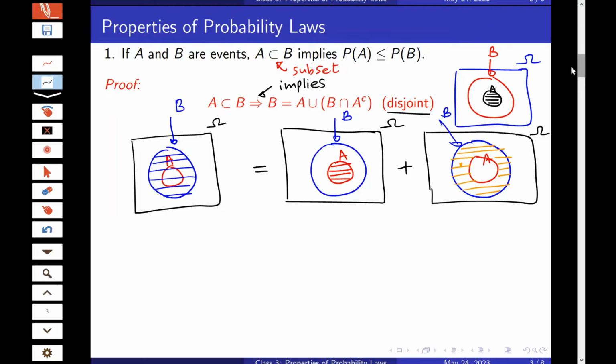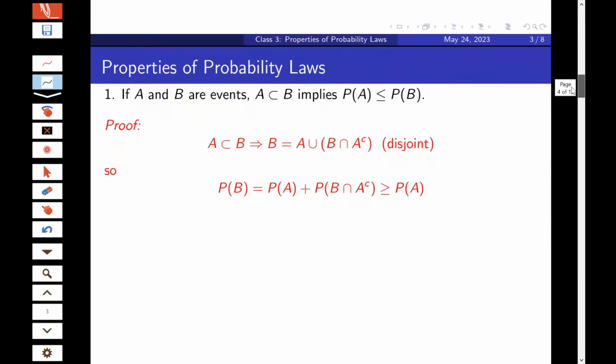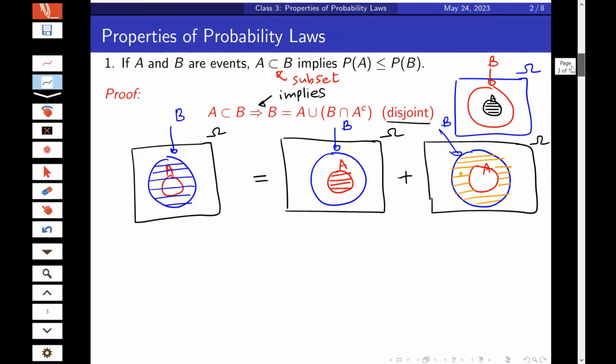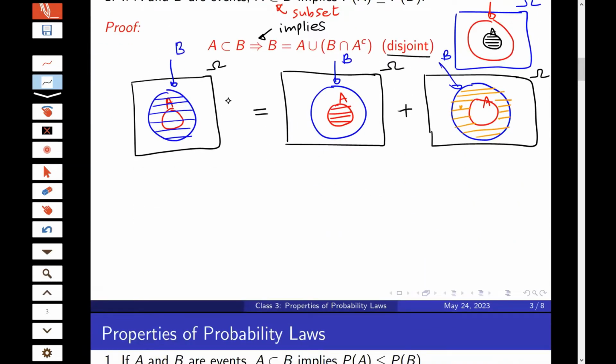Okay, so now we are going to use the second property of probability laws, the second law. From the second law, we can say probability of B. If two sets are equal, their probabilities should be equal.